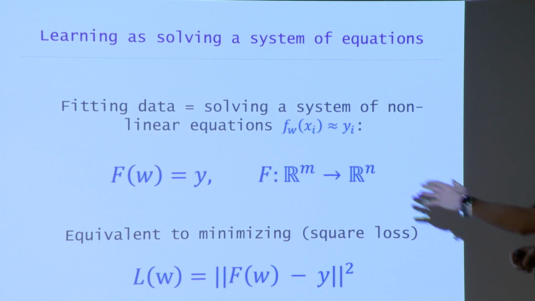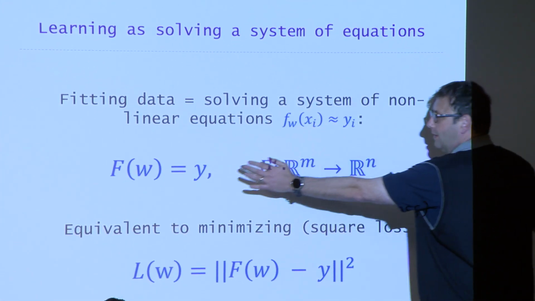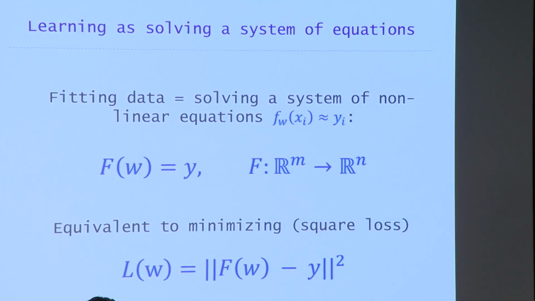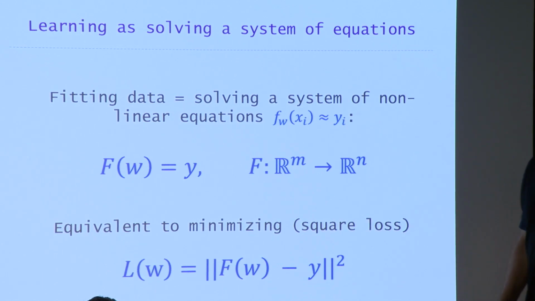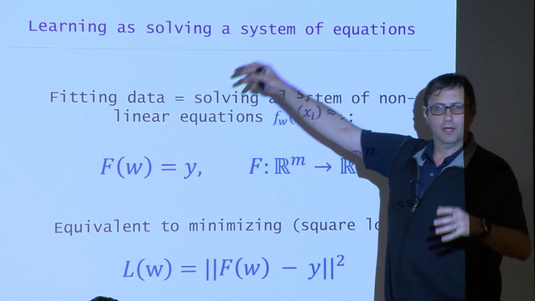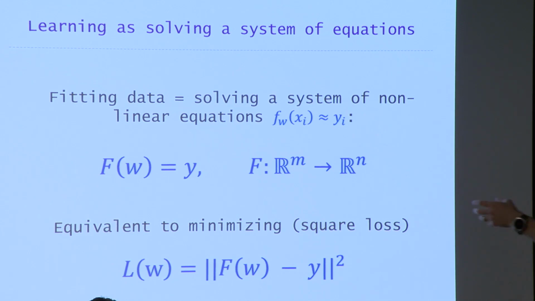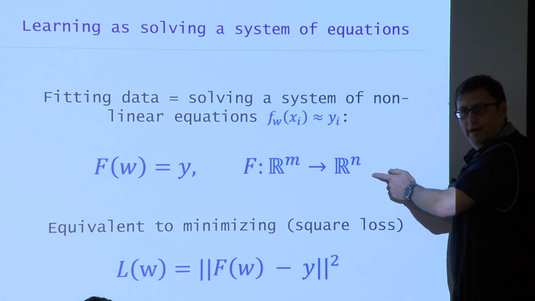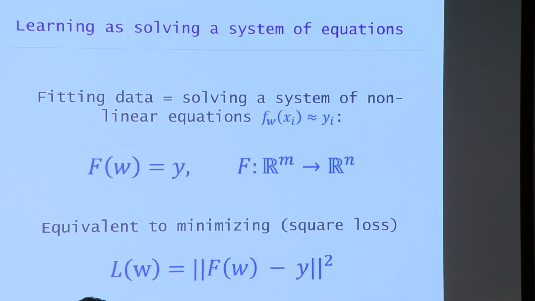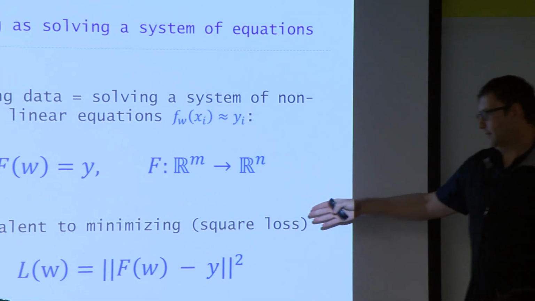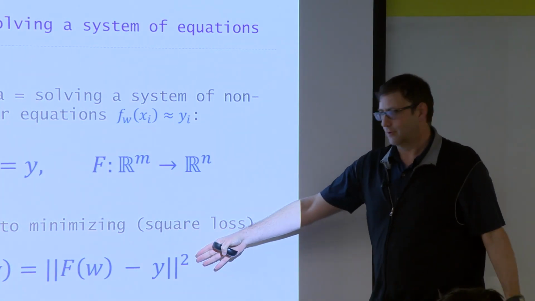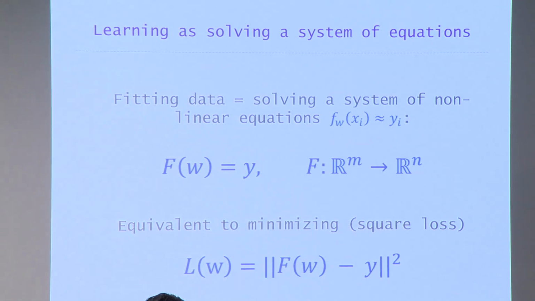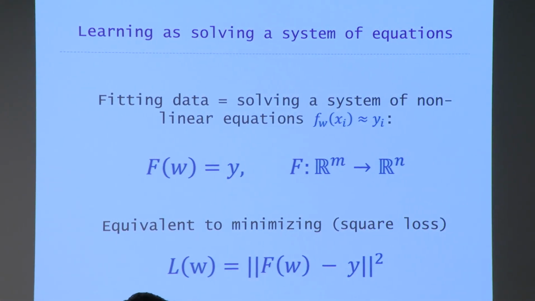If you aggregate f(x_i; w) for each i into one map, this is simply saying that we want to solve the system of equations F(w) = y, where w is a vector of my parameters. It's a map from R^m to R^n, where n is the number of data points. Equivalently, this is minimizing the square loss, ||F(w) - y||^2. So you can think of a lot of machine learning as simply minimizing the square loss.